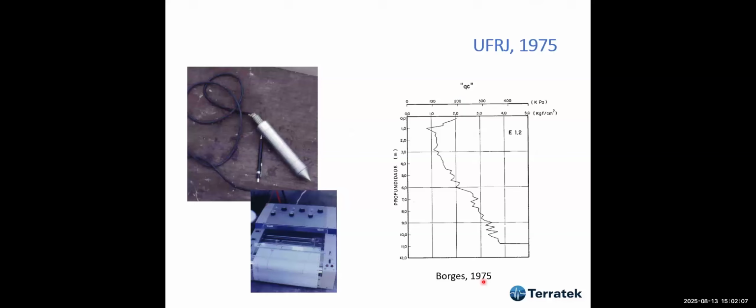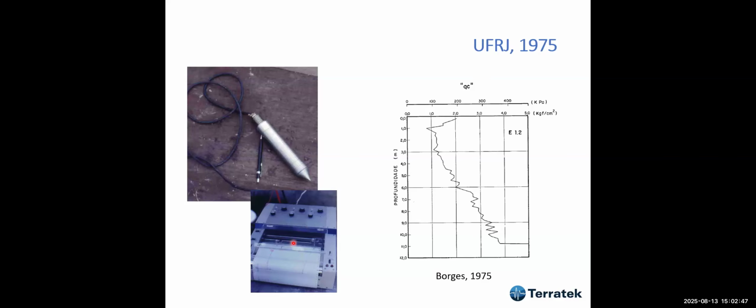And this is an attempt we made in my university in 1975. It was just before I joined the university as a professor, 3 years before. This was a thesis carried out by someone I know, Camilo Borges, in 1975, and he developed, with the help of a mechanical workshop and electronics as well, a cone, which of course was the technology of the time, and we didn't have digitalization of data.